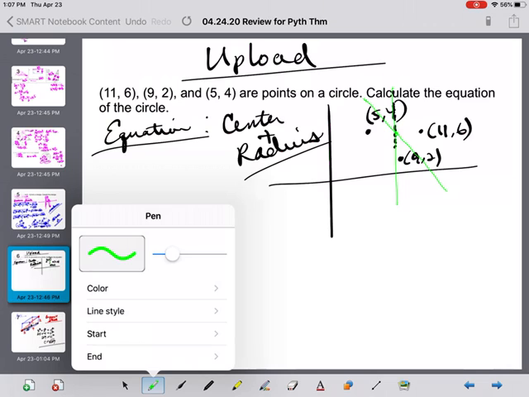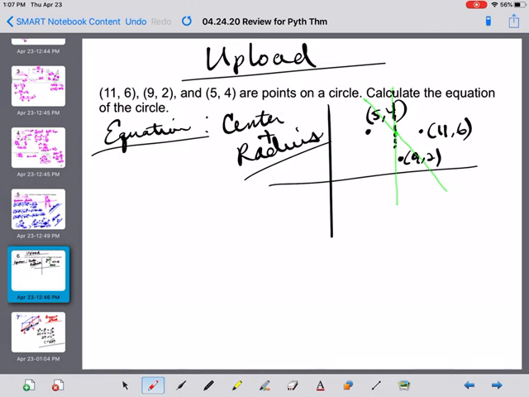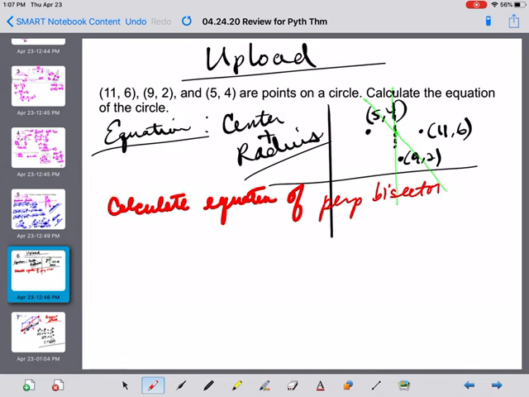So what I'm going to have you do, I'm going to post the solution separately for this. I would like you to calculate the equation of the perpendicular bisector of two of them, two perpendicular bisectors. So remember, let's talk about how you do that. You get the slope between 2 points, and then the opposite reciprocal.